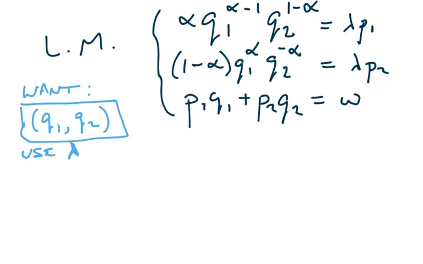All right, so the idea that I had for how to solve this thing, there are many ways that you can go about solving any one of these systems, but the way that I tried that seemed to work out fairly well was to try to make these right-hand sides of the first two equations, lambda p1 and lambda p2, agree with one another so that we can set them equal to each other.